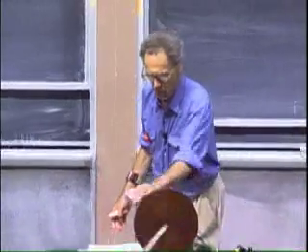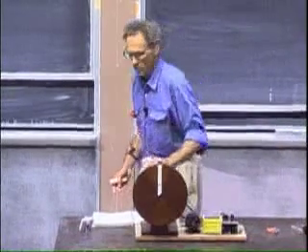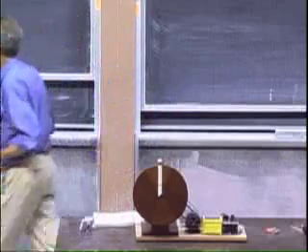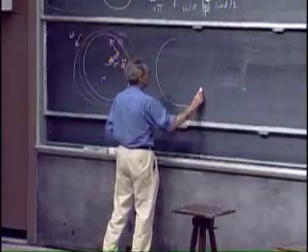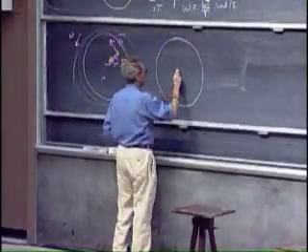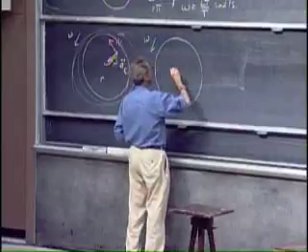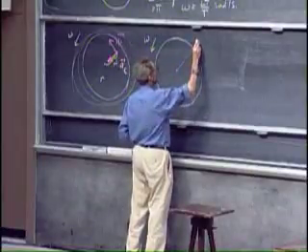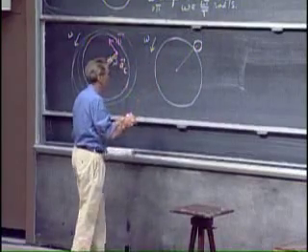I have here a disk, which we will rotate, and at the edge of the disk here, we have a little ball. And the ball is attached to that disk with a string. So now this is vertical, and this is going to go around with angular velocity omega, and we have a string here, and the string is attached to this ball, and the whole thing is going around.